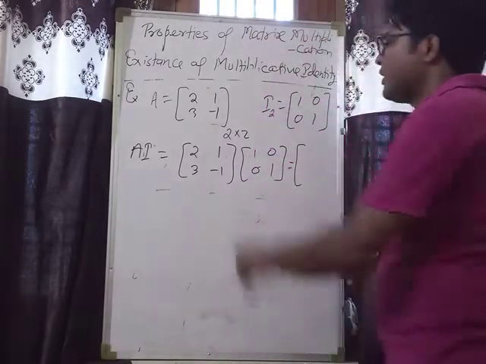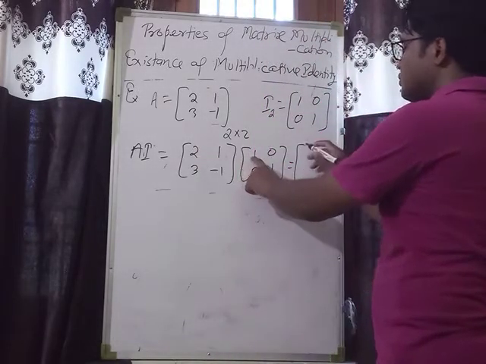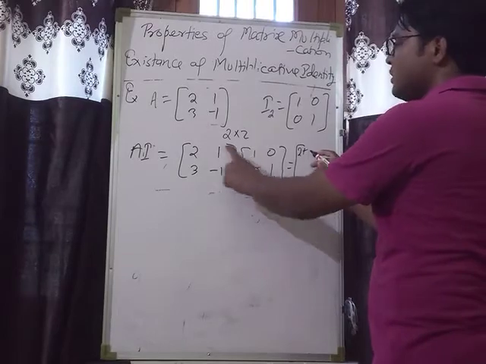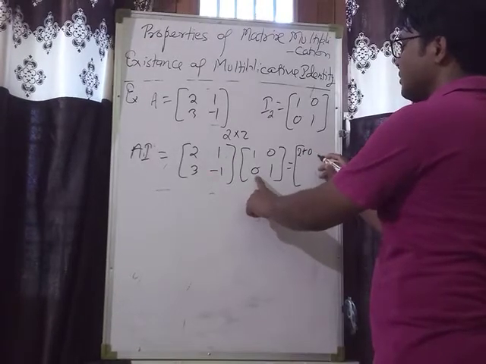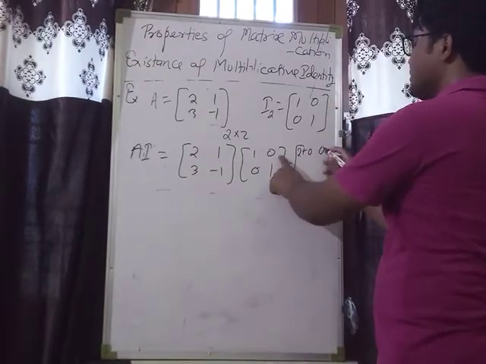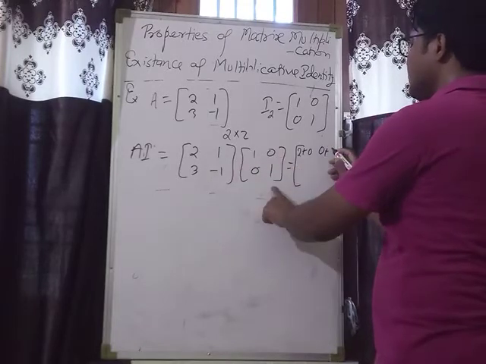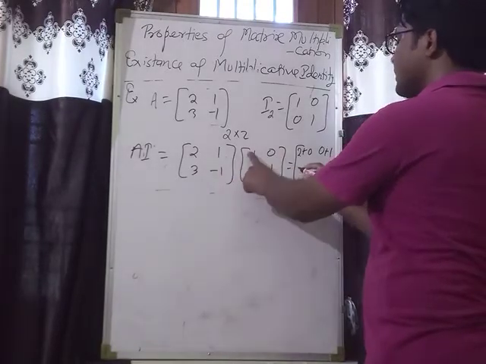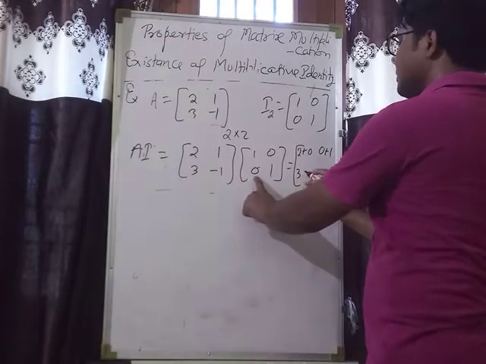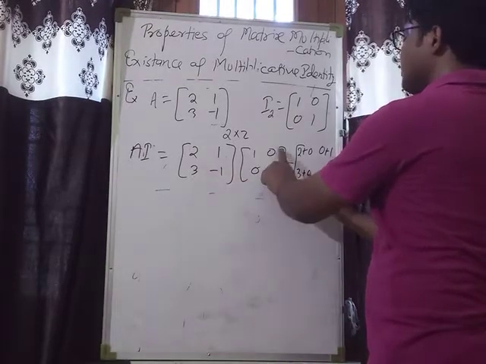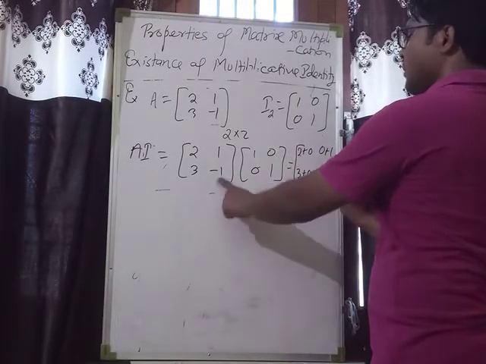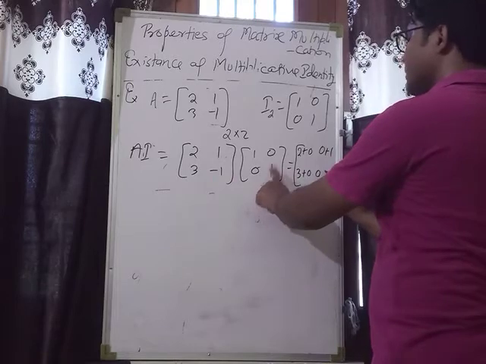So what will become, this is [2 1; 3 -1] and this is [1 0; 0 1], so it will be equal to: 2 into 1 that is 2 plus 1 into 0 that is 0, 2 into 0 that is 0 plus 1 into 1, 1, 3 into 1 that is 3, minus 1 into 0, 0, 3 into 0, 0, minus 1 into 1, minus 1.